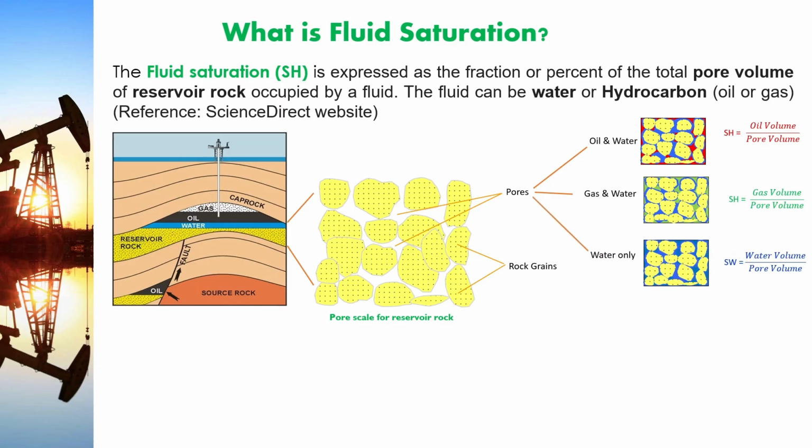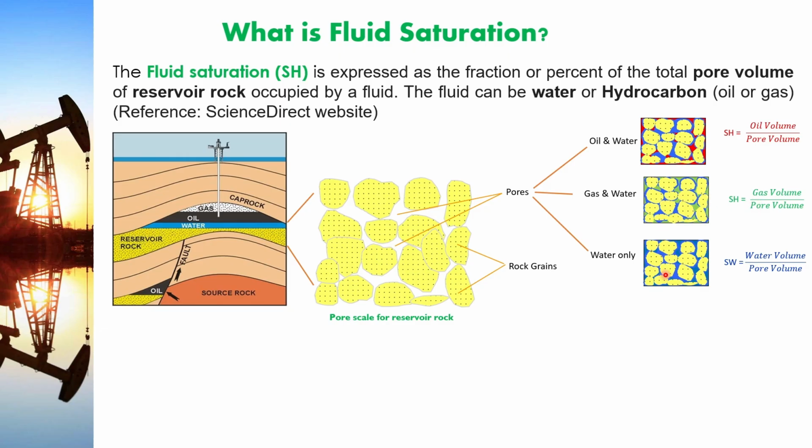In an oil-water reservoir, the red here represents the oil in this cartoon, and the blue represents the water. When the oil occupies part of the pore space, we call it oil saturation. In a gas-water reservoir, the green here represents the gas and the blue for water. When the gas occupies part of the pore space, we call it gas saturation.